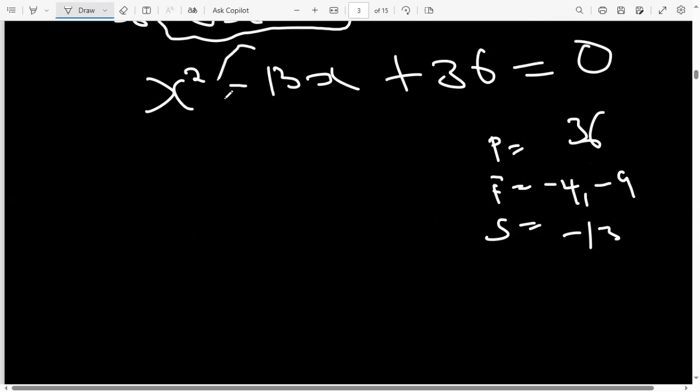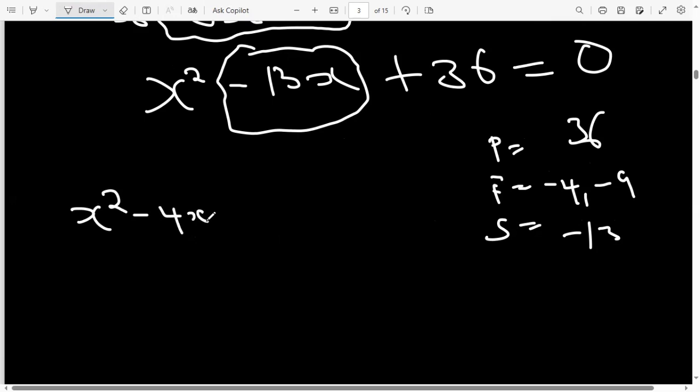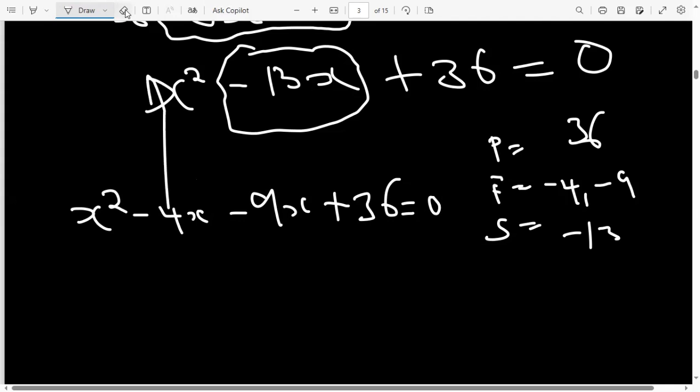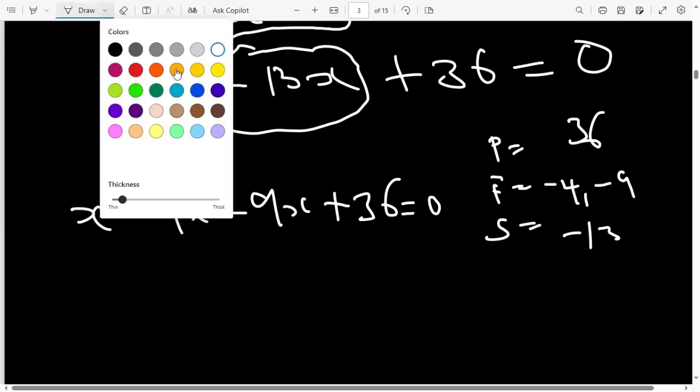Okay, so we're going to replace this here with a minus 4 minus 9. So it will be x squared minus 4x minus 9x plus 36 is equals to 0. And then from here, as usual, we can group them. So let's group them.